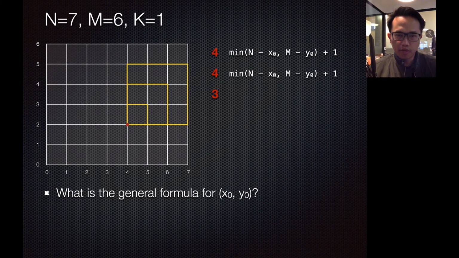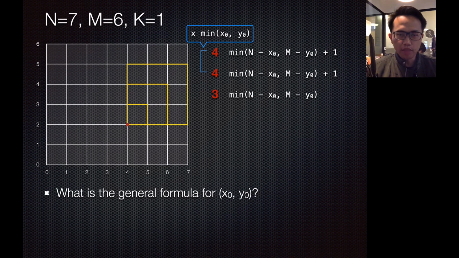But the third time, the final time, we can draw 1 fewer squares than we normally can. So can you see how many 4s there are? Well, the general formula turns out to be the min of x naught and y naught. So that's the formula for this diagonal.